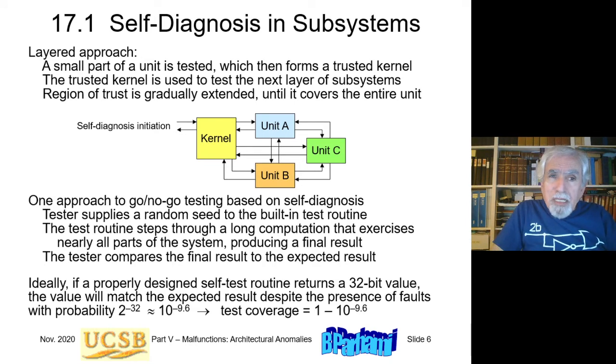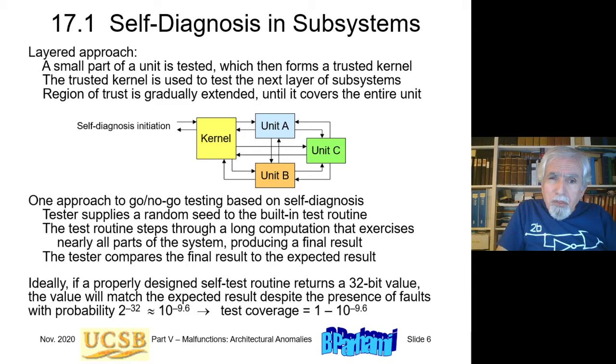So what is a layered approach? First, a small part of the unit is tested. So a kernel, a small part of the unit is tested. Okay, we basically use a fairly extensive set of tests to determine that this kernel is working correctly.